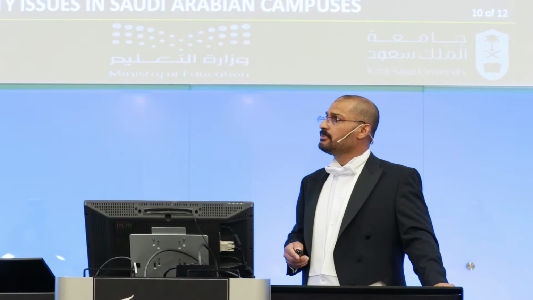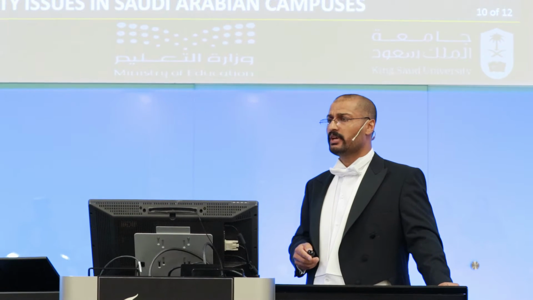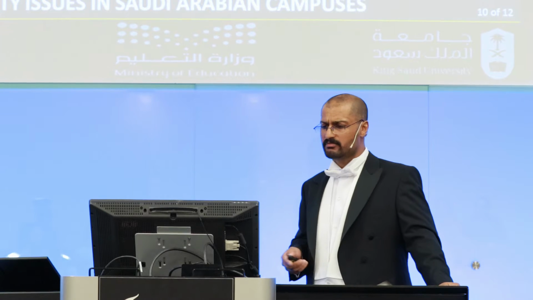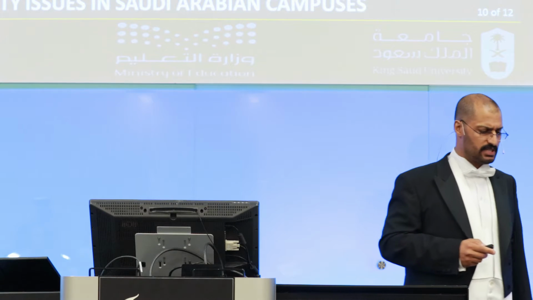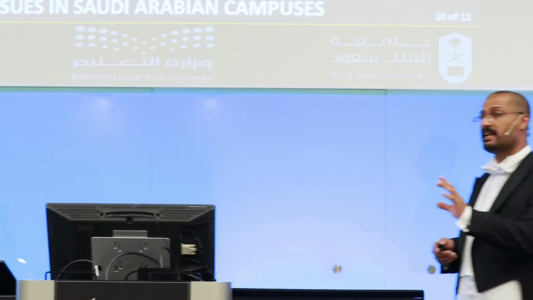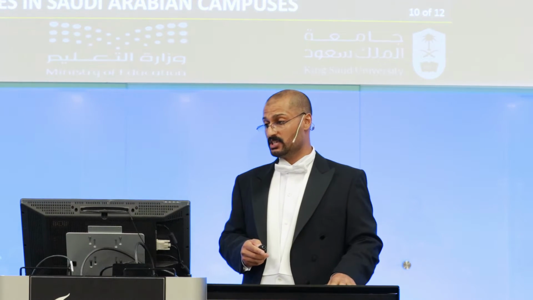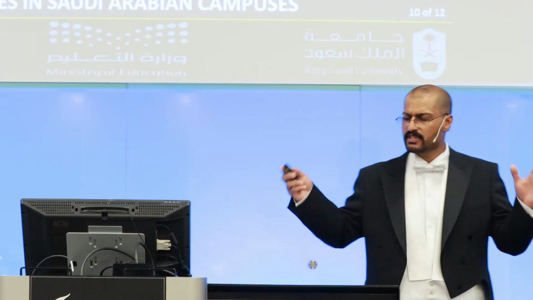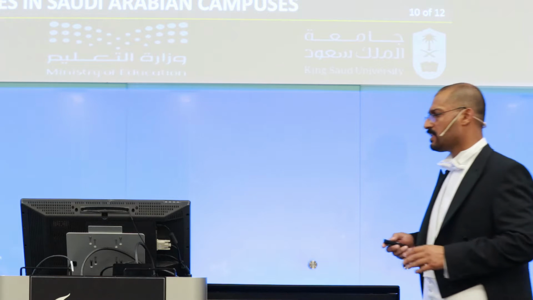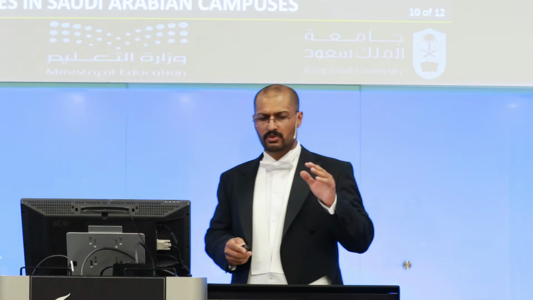Some of the issues in Saudi Arabia, briefly: most of the universities in Saudi Arabia have a sustainability vision for their campuses, but unfortunately, they lack defined policies in order to achieve this vision. Another issue is planning for sustainability. We see all these huge investments and buildings, but they built this thinking that we have an increase in the youth population in the country.